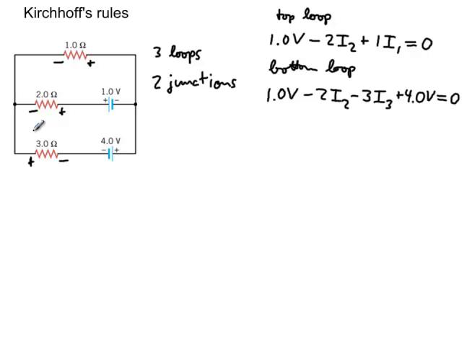Then I'm going to look at one of the junctions. The current flows from plus to minus, so the current flows this way. So it's going to go into the junction like this. And it flows this way, so it's also going to go into the junction like this. And then it flows plus to minus, so it flows out of the junction like that.